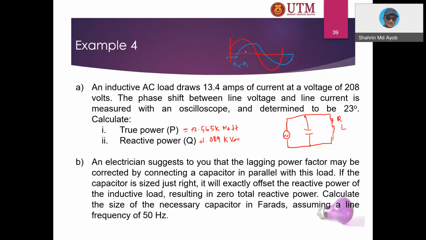And right now, as you can see, the current is lagging behind the voltage. So if you have this waveform, we know that the load is an inductive load. Your electrical bill is highly dependent on the difference angle between your voltage and current.